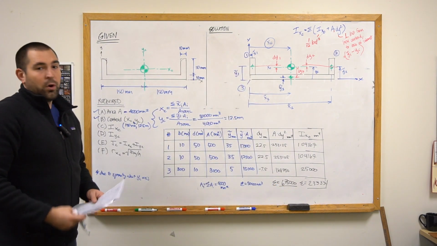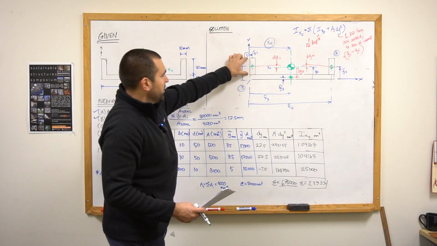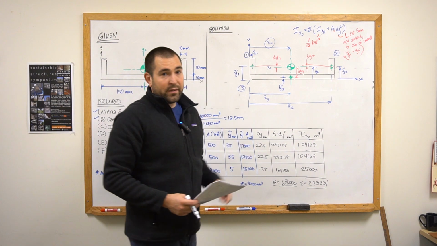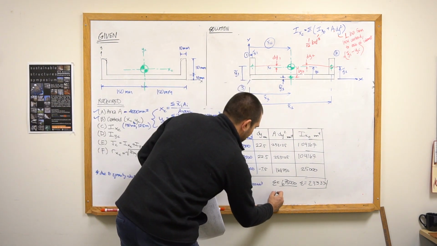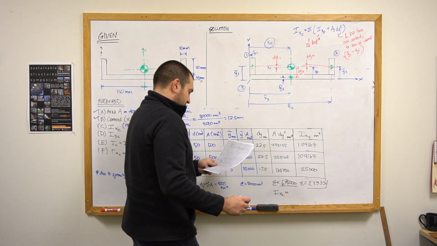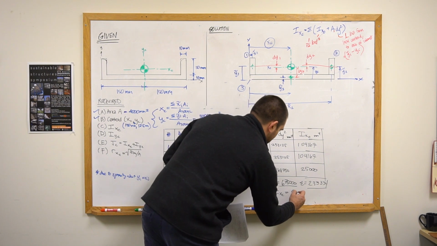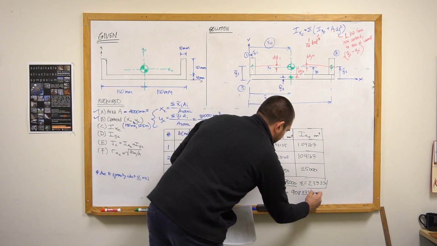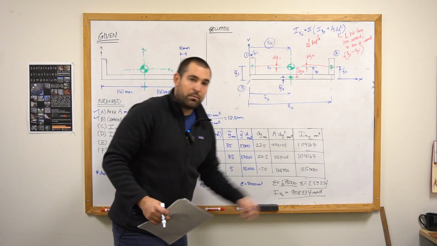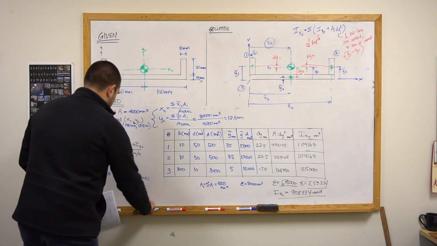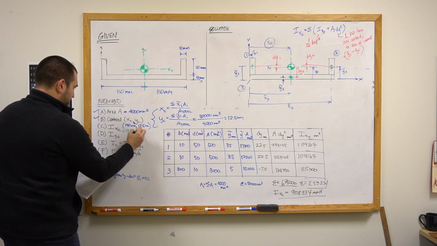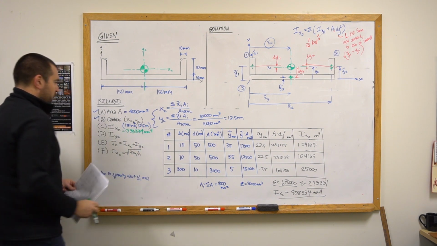And then all I have to do to get the overall moment of inertia, both due to these shapes' moments of inertia about their own axis, plus their area times the distance to the centroid, is add those together. So IXC equals 908,334 millimeters to the fourth. That's simply this number plus this number. And if I were to plug that in over here, it equals 933,334 millimeters to the fourth.